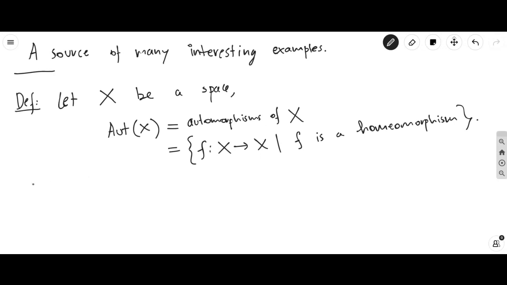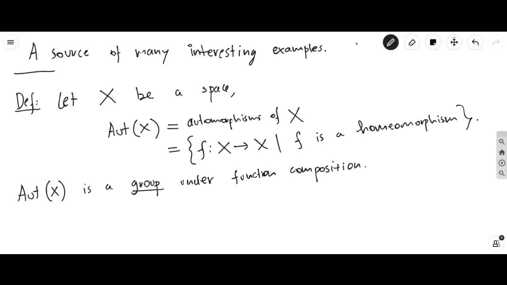So Aut of X is a group under function composition. That's not difficult to check because the identity function will be a homeomorphism.